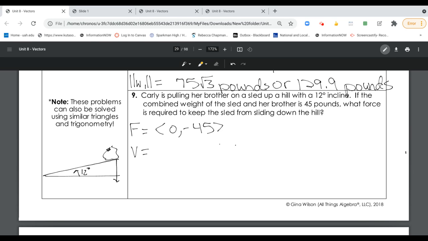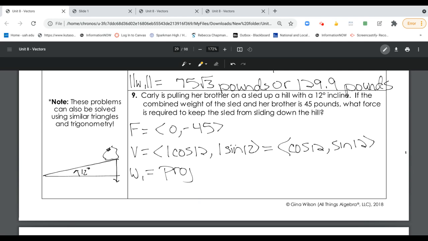Our unit vector V will be 1 cosine 12 degrees, 1 sine of 12 degrees. For now, I'm simply going to leave that as cosine 12 and sine 12, so I do not have to round multiple times. That's what I'm going to plug into my vector 1, which is my projection of the force onto vector V.